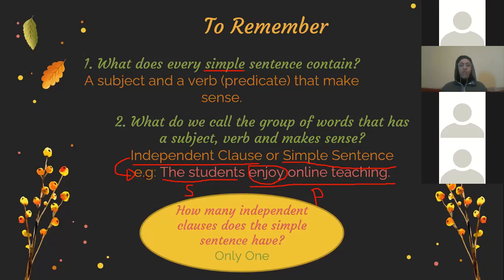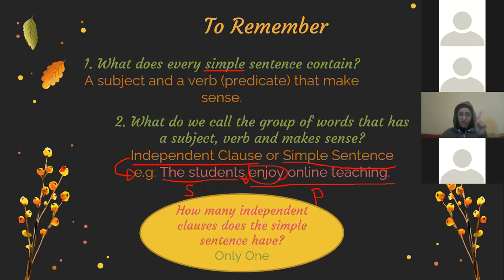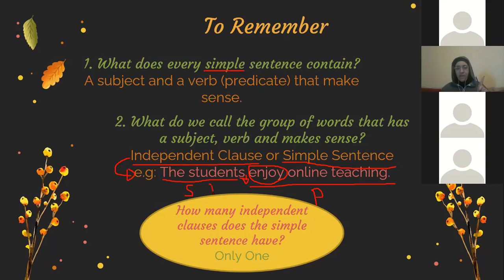Okay, but let me give you another example. If I say "the students and the teacher enjoy online teaching," it's the same. Here I have one complete subject, but it's a compound subject, that's right, but it's one complete subject: the students and the teacher.